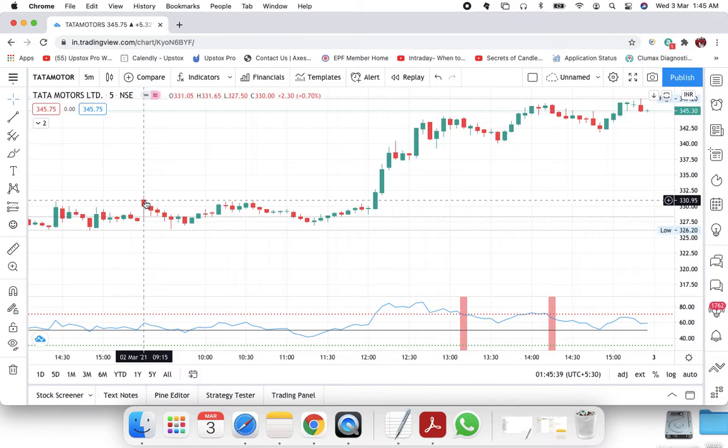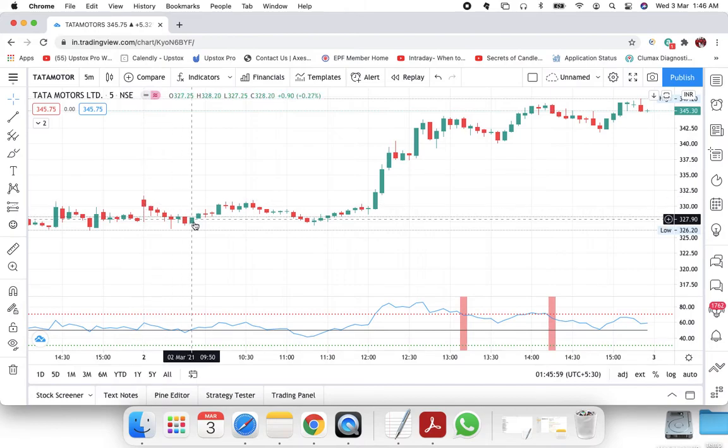So what does the candlestick color code represent? The candlestick color codes tell us who is active in the market at that point of time.